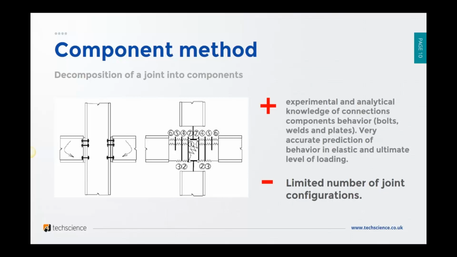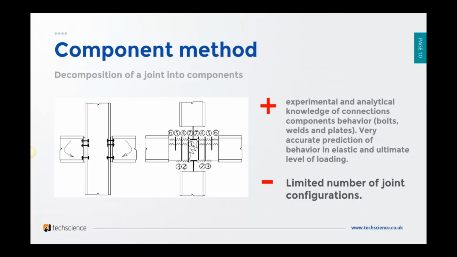After that, the components are grouped to examine joint moment rotational behavior and representation in a spring shear model and application in global analysis. The advantage of the component model is the integration of current experimental and analytical knowledge of connections, components behavior, like bolts, welds, and plates.